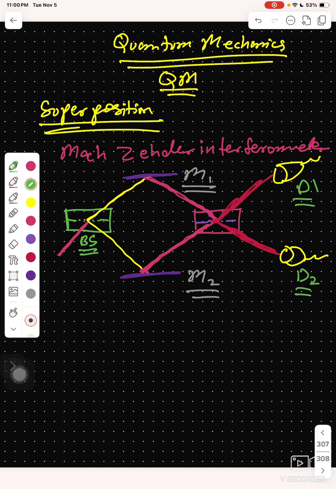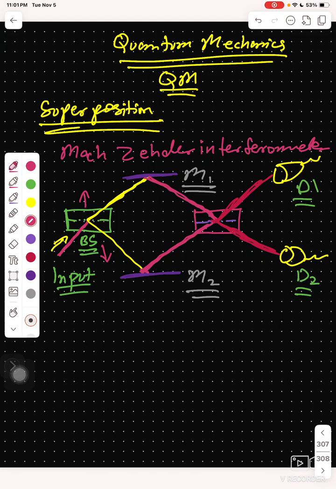So here this is the input, and what we say is that when light was sent to the beam splitter, it split in such a way that half of the light beam went to the top and half went to the bottom.